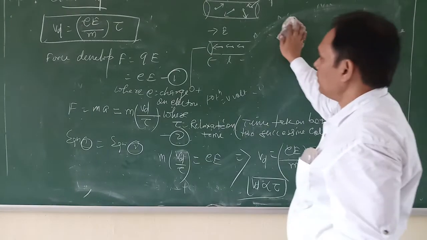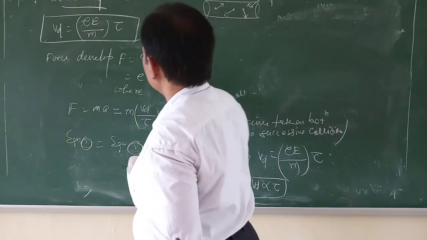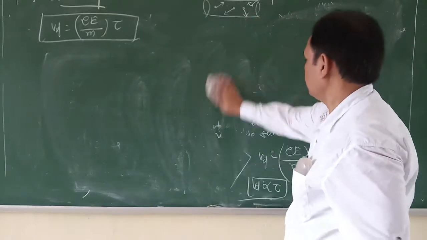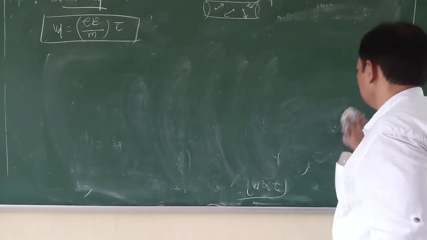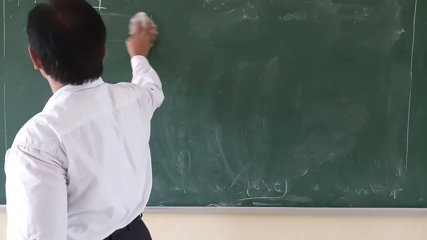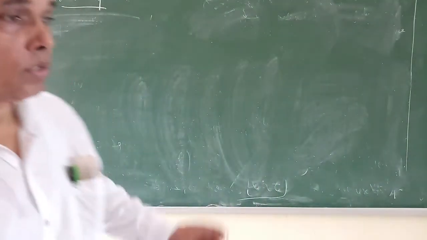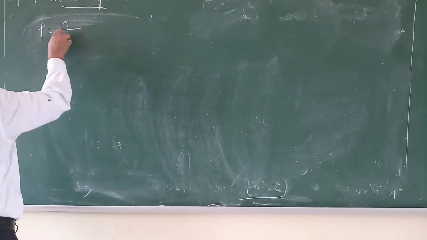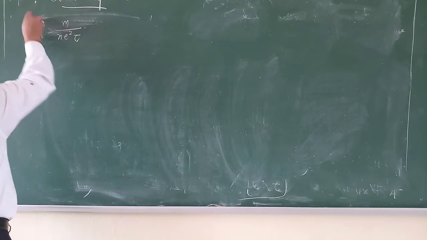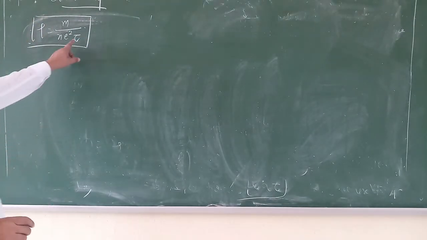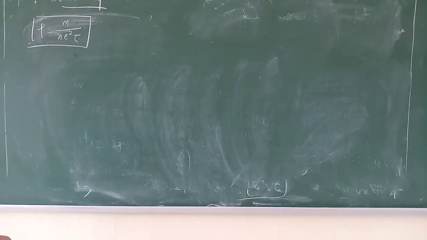Now the next expression is rho equal to m by ne square tau, where tau is the relaxation time.